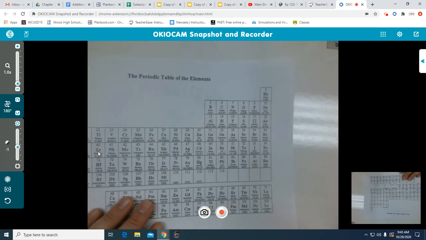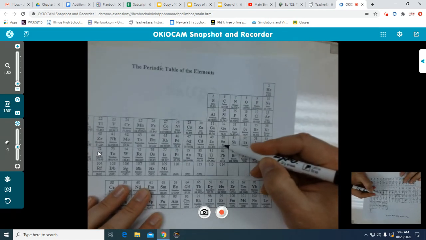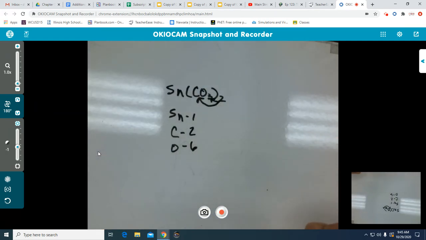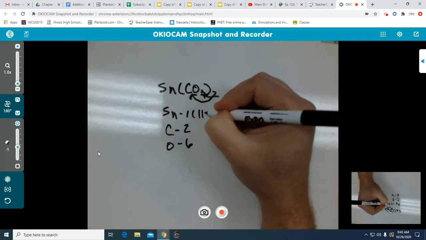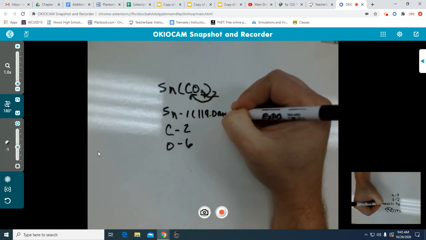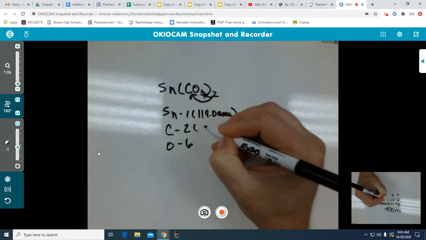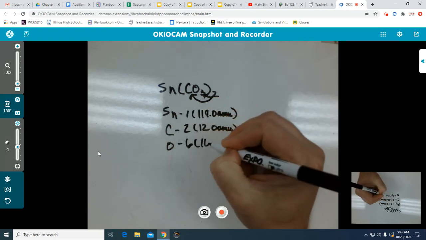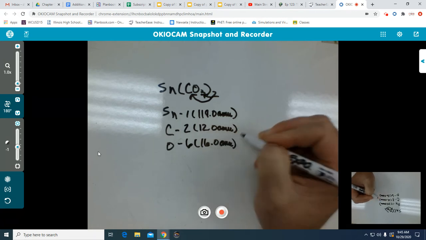Tin's not one that we come across a whole lot, but it's right here, right where the end of my marker is. And it's got a rounded atomic mass of 119.0 AMU. Carbon, 12.0 AMU, and oxygen, 16.0 AMU.